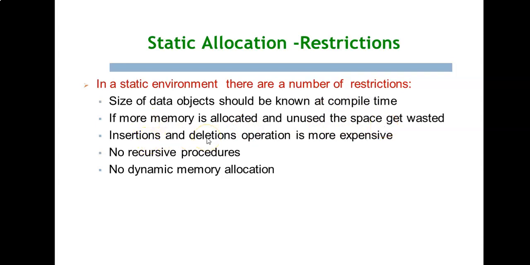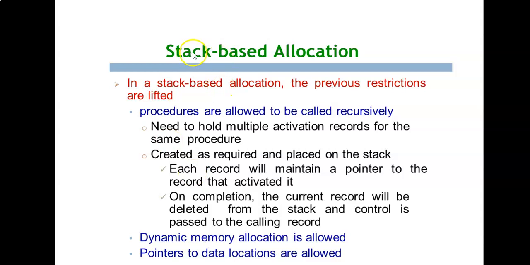Insertions and deletions are more expensive, it does not support recursive procedures, and no dynamic memory allocation is possible using static allocation. These are some of the restrictions of the static allocation strategy. Next comes stack based allocation.